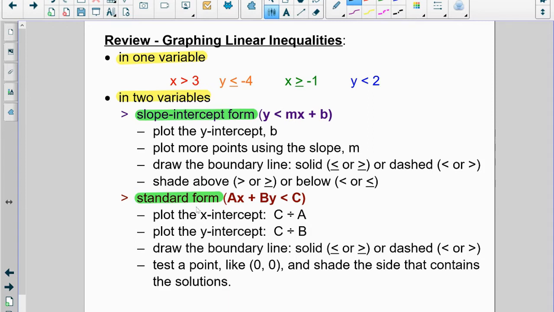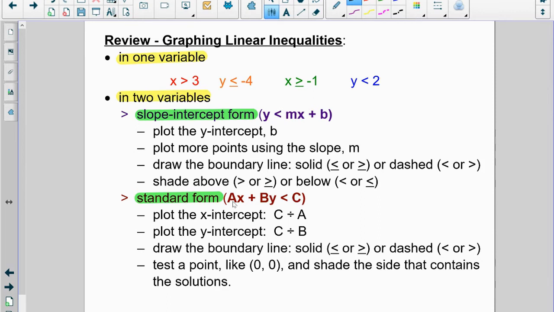When it's in standard form, the way that we draw our boundary line is a little bit different, and also the way that we decide which half plane contains the solutions is a little bit different. So a quick recap from our previous lesson. If you have your standard form inequality using the numbers a, b, and c to represent those coefficients, you can find the x-intercept by dividing the constant term by the number in front of the x.